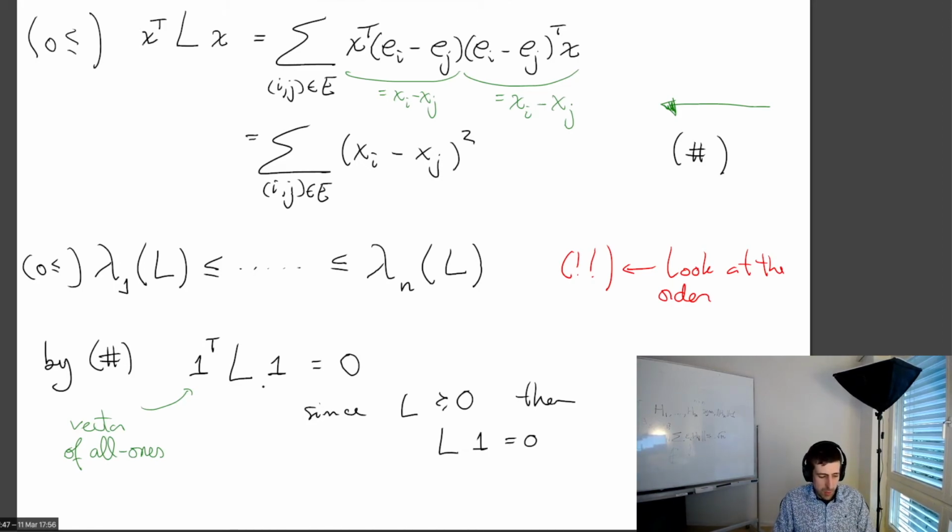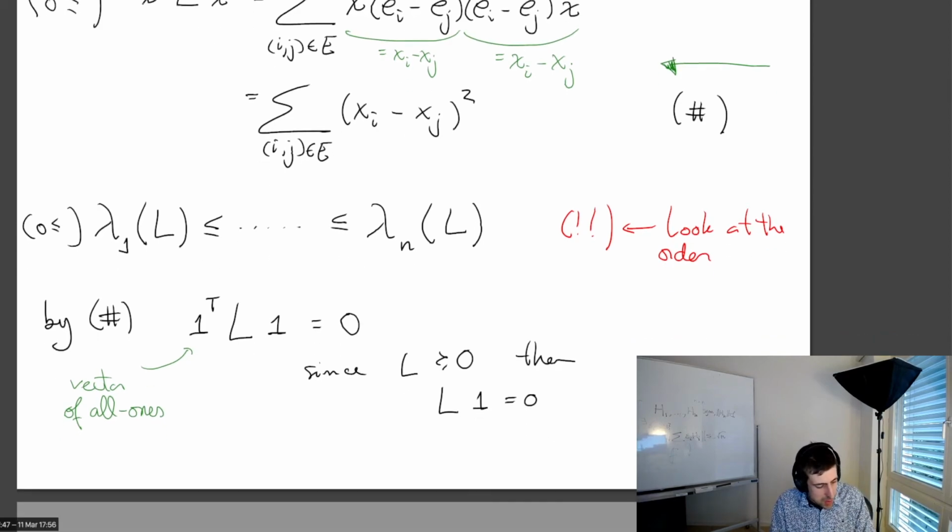If you've never seen this kind of argument, because it's positive semi-definite, just take its Cholesky decomposition, its square root. L needs to be equal to QQ transpose, which means Q transpose 1 needs to be 0, and so when you plug it in here, you get 0.